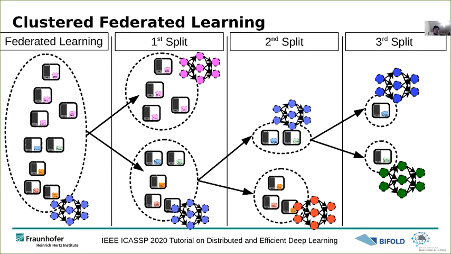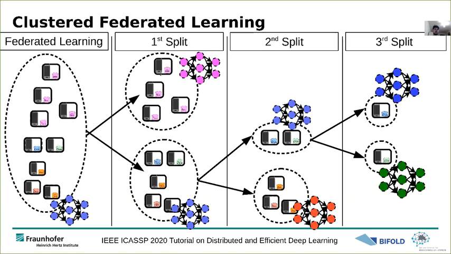Yeah, so we had that. So when you perform clustered federated learning, it's basically a recursive splitting up of the client population. So you start out with a certain population of clients, and you perform one split.